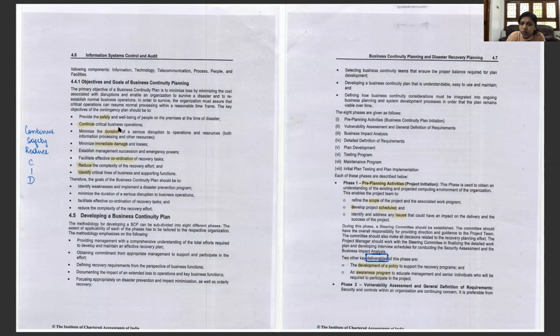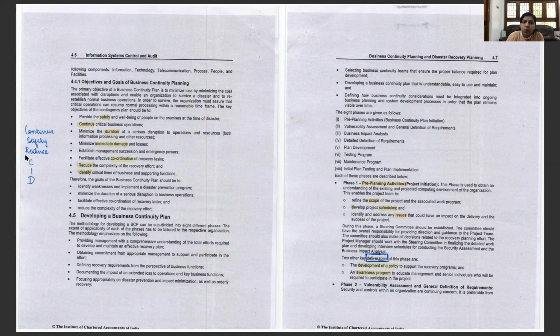Yes, critical business operations must be resumed very soon. Safety: we're not only going to be focusing on the operations, we'll also be focusing on the people, because people as well as the resources, and people more than the resources, are valuable for an organization. Next is the safety and well-being of the people on the premises at the time of the disaster.